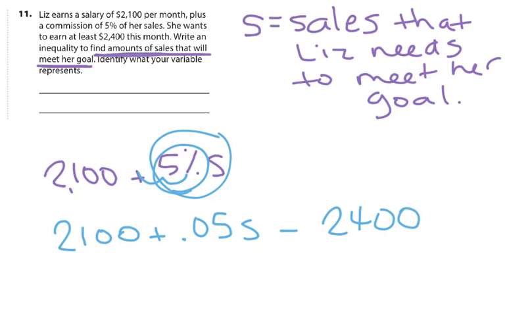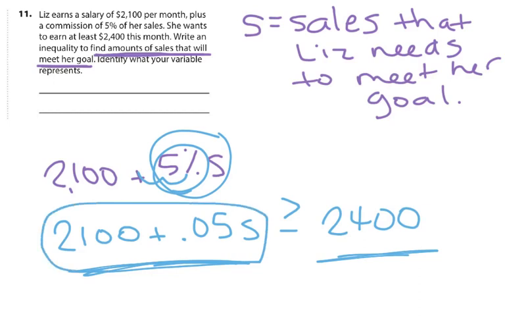And so, which side do we want to be greater? This side or this side? Yeah, we want this side to be greater. When we solve this side, we want it to be greater than the $2,400 or equal to the $2,400. Those are the things that you can ask yourself to determine which way your inequality should be facing.